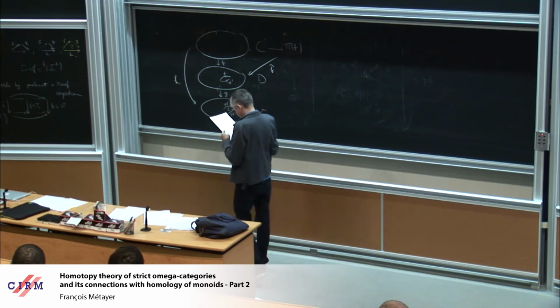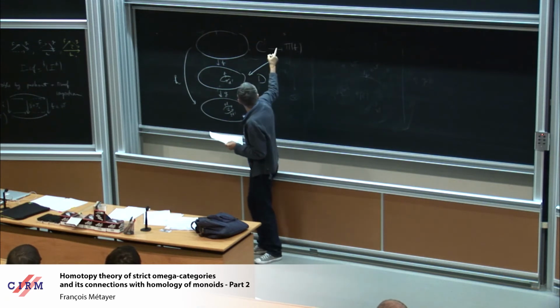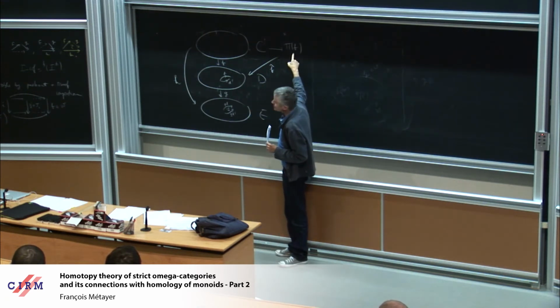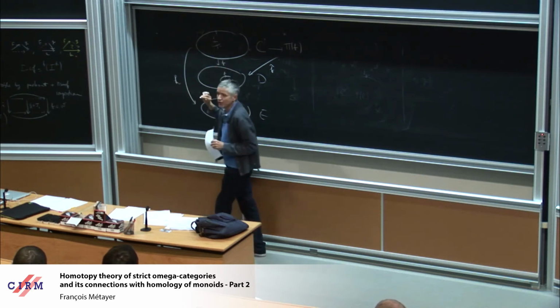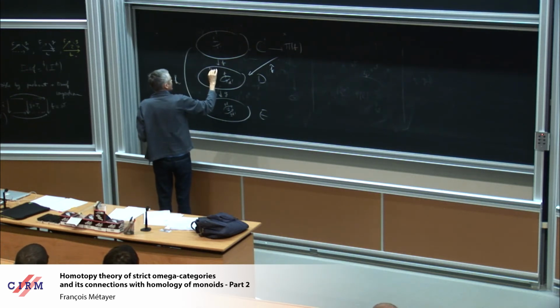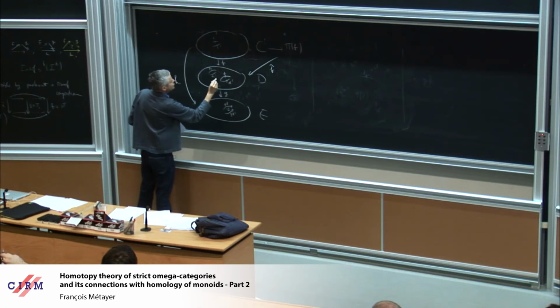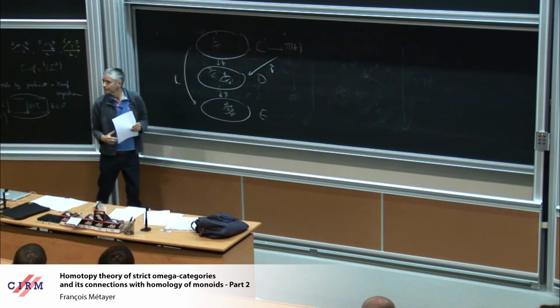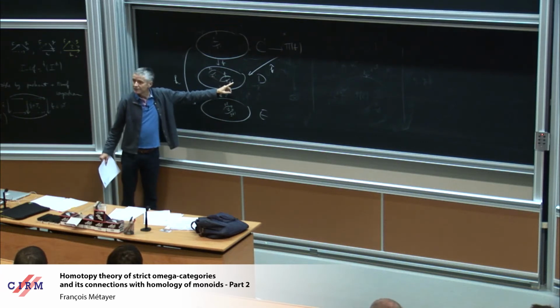As F hat is a trivial fibration, there are cells here, C, C prime, and the cylinder here, not one cylinder, two parallel cylinders here, one from FC to D, the other one from FC prime to D prime.